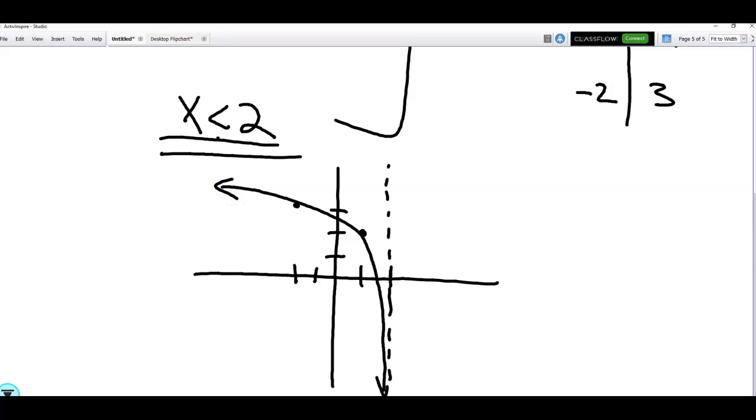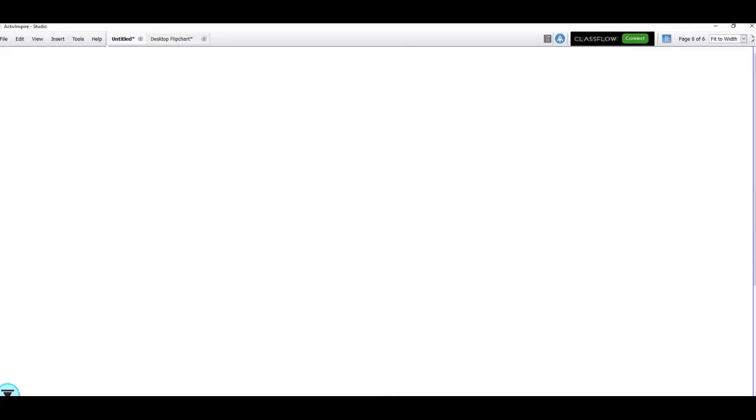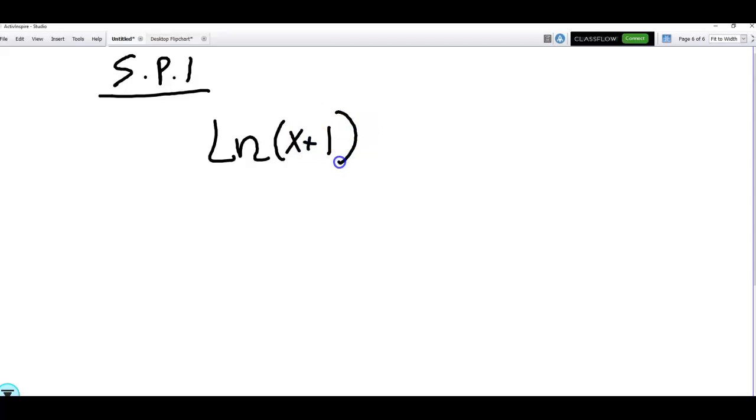Okay. One more that I'll throw at you guys as a student practice here involves natural log. Now, the only difference for natural log, you guys, is going to be that you actually don't need to do the change of base formula, right?